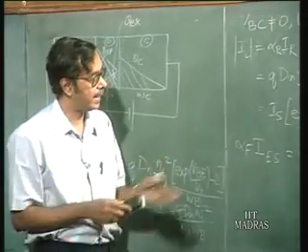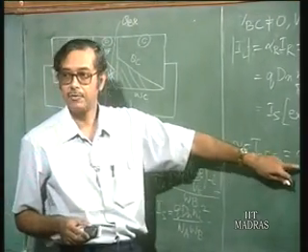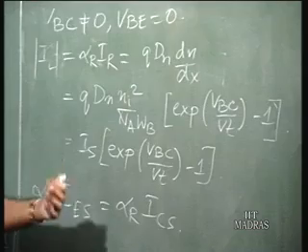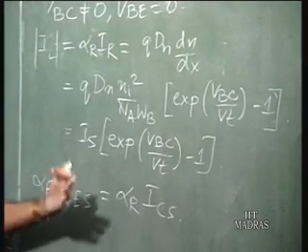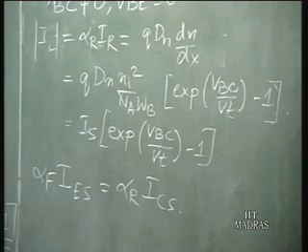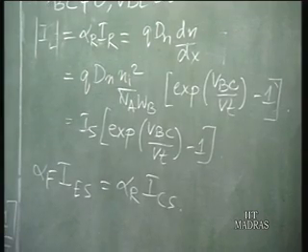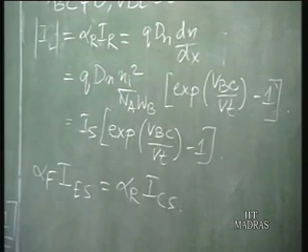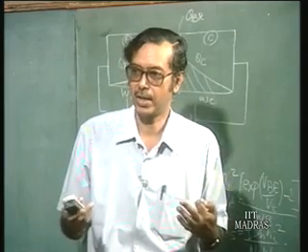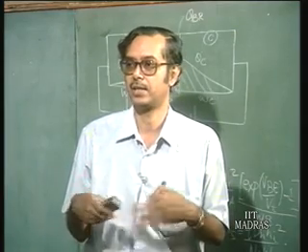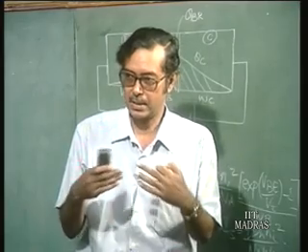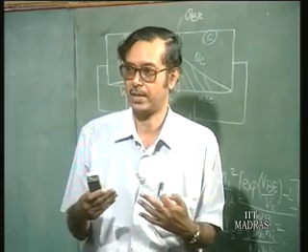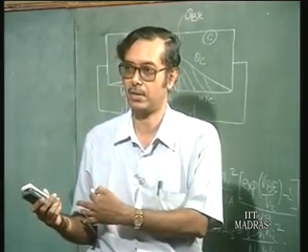Also, you can express alpha in terms of beta, because that is the more common; we use the common emitter configuration more commonly, rather than the common base configuration. So, beta refers to the current gain in the common emitter configuration.